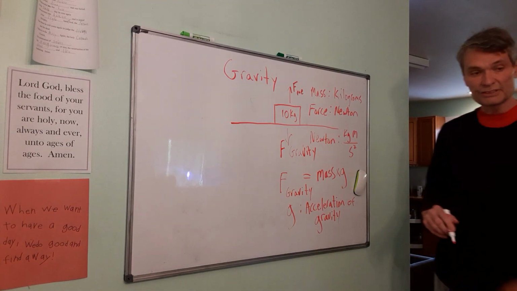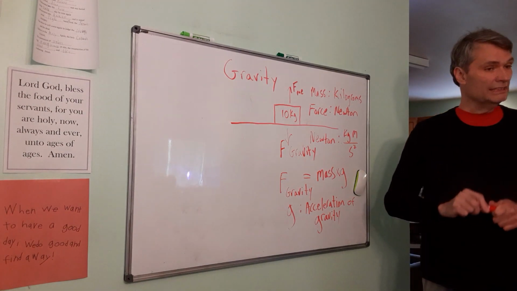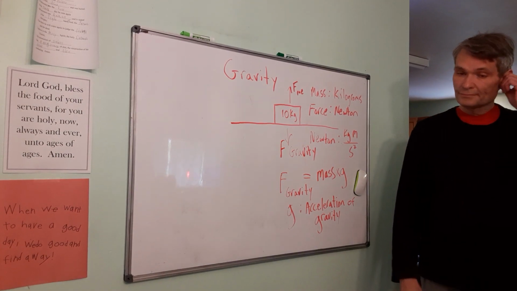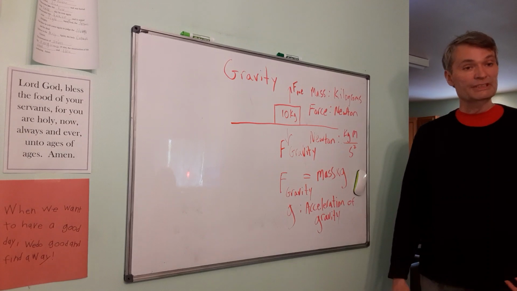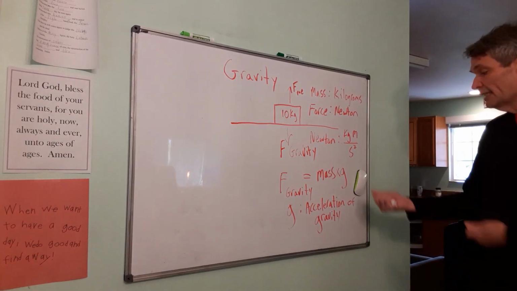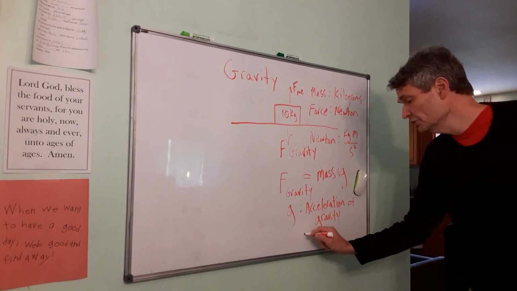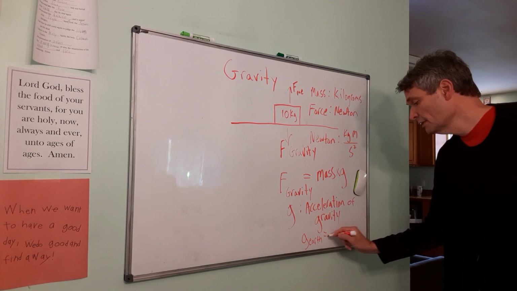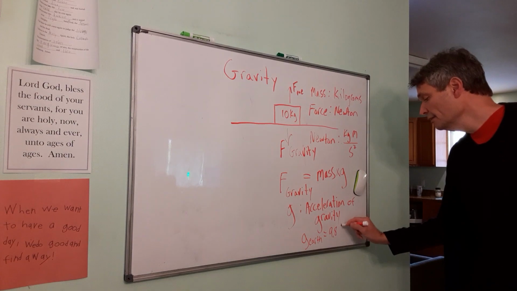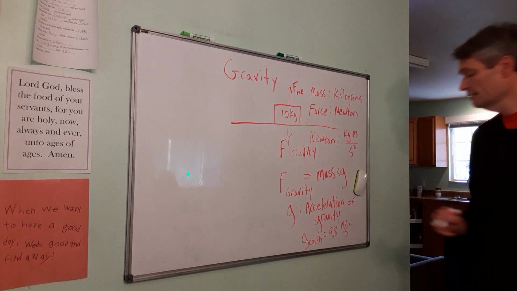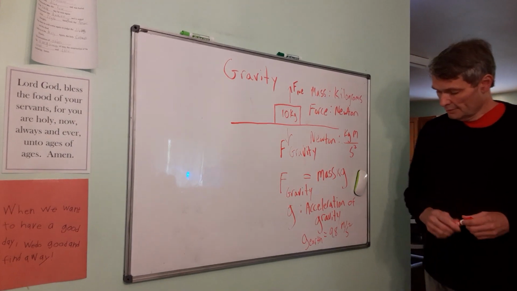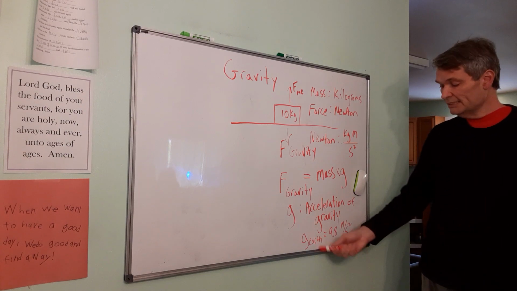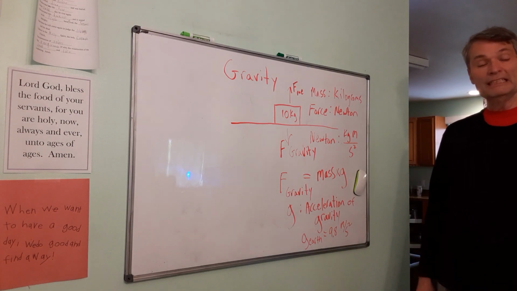Now, if it were a universal constant, I wouldn't use a little g here. I would just say, in the case on Earth, we'll call it g Earth, 9.8 meters per second squared. But this g Earth is dependent on being on Earth.